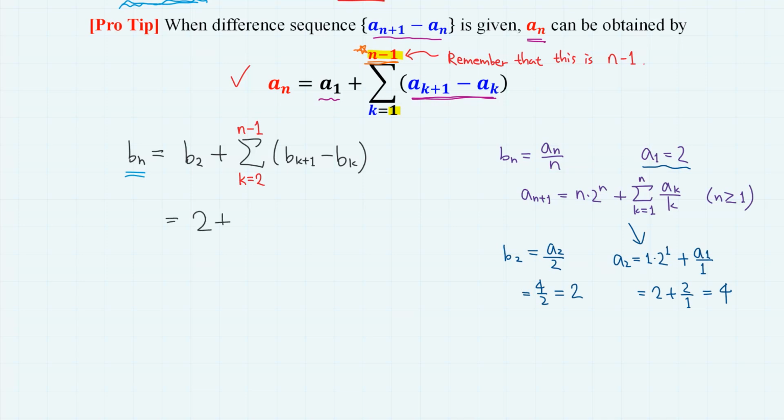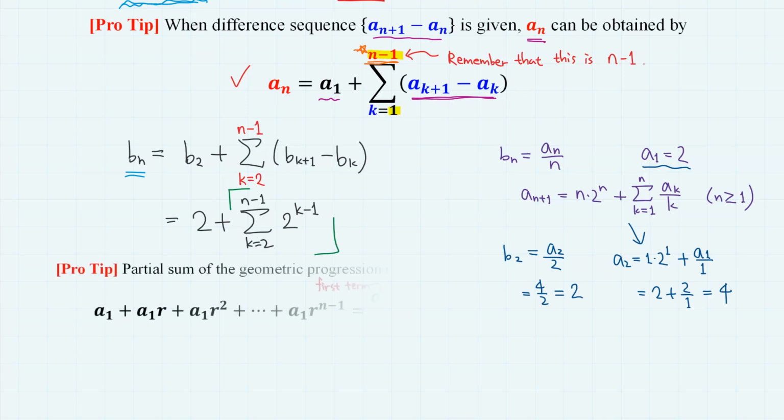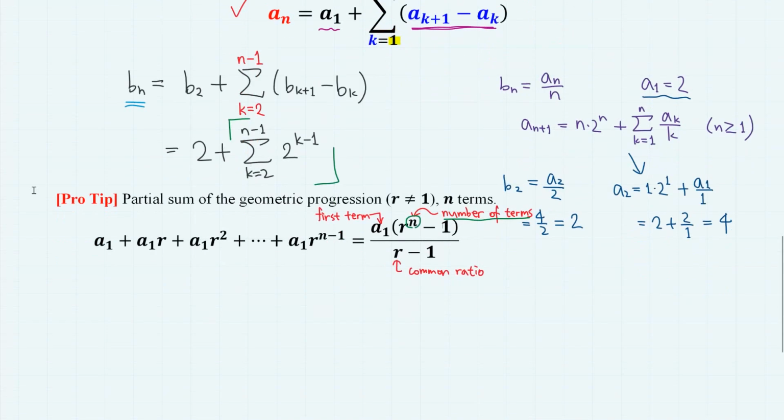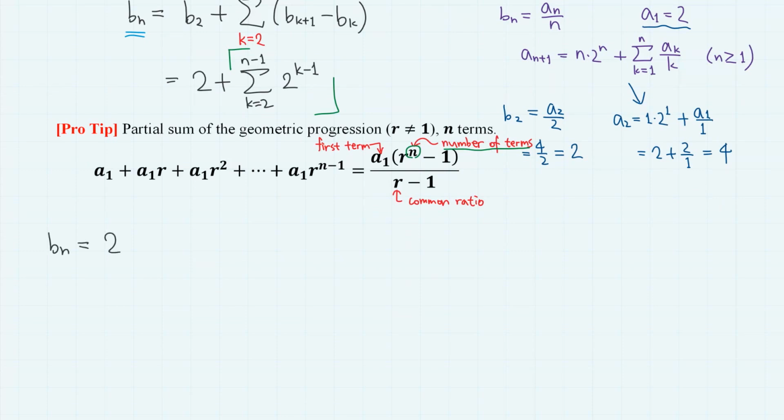So we have 2 plus the difference sequence, which is 2 to the power of k minus 1. This is the partial sum of a geometric progression, and we have a formula for that. You must remember that in this formula, n refers to the total number of terms in a summation. In our case, the first term is when k is equal to 2, so it is 2 to the power of 2 minus 1.